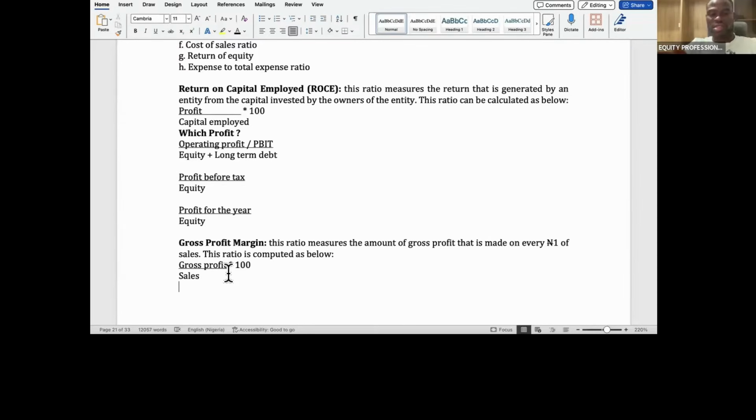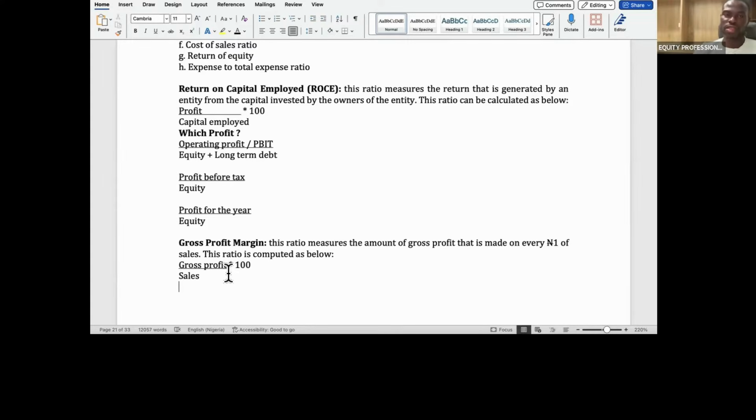So how do you interpret this ratio? You don't just tell the examiner that we know the higher this ratio, the better, and that a company that is doing well on this ratio would have a very high GP margin. What makes a good interpretation is for you to speak to why this ratio is increasing or declining.